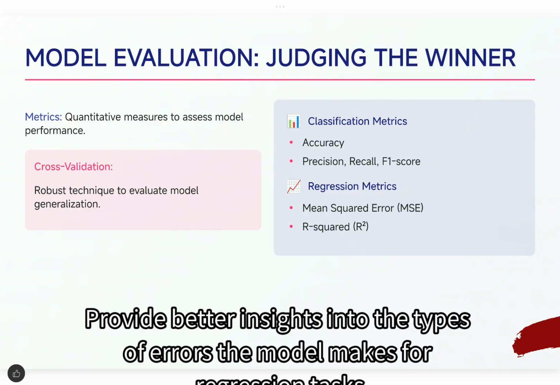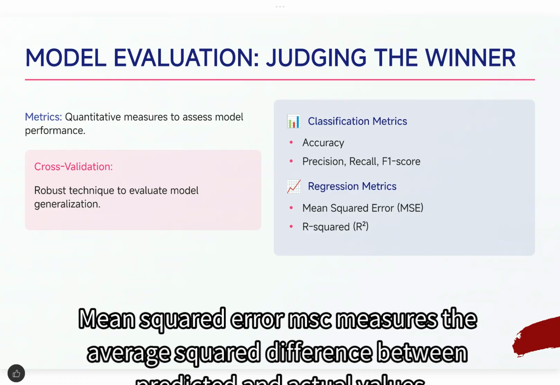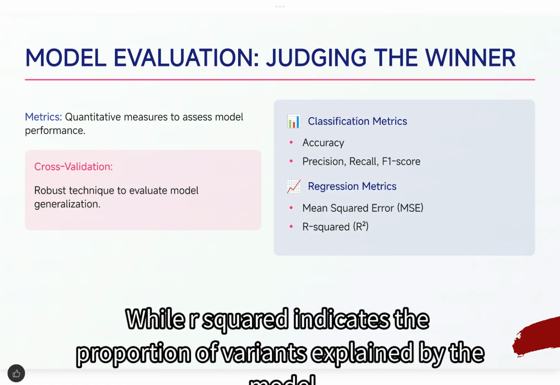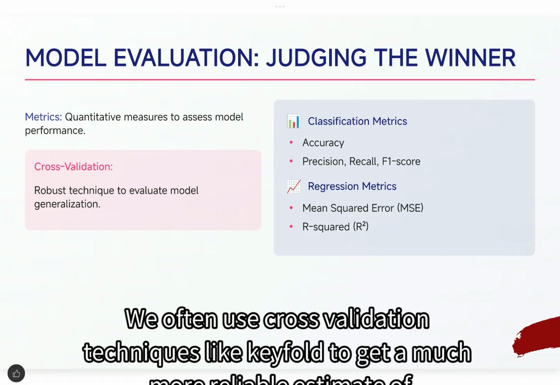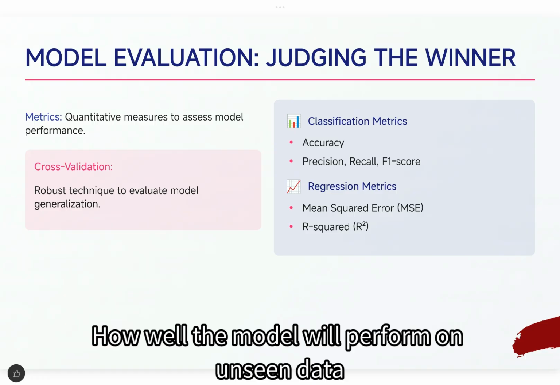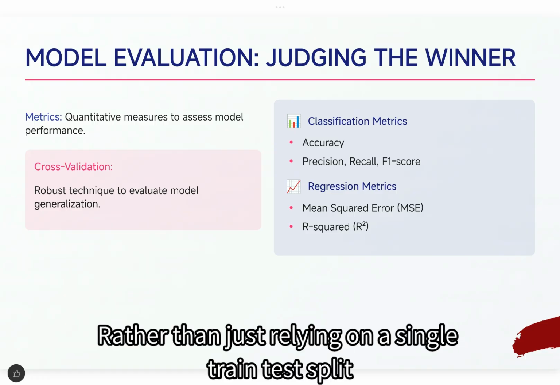For regression tasks, mean squared error, MSE, measures the average squared difference between predicted and actual values, while R-squared indicates the proportion of variance explained by the model. Crucially, we often use cross-validation techniques like k-fold to get a much more reliable estimate of how well the model will perform on unseen data, rather than just relying on a single train test split.